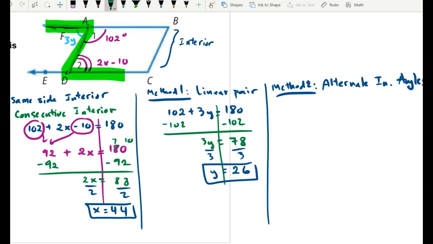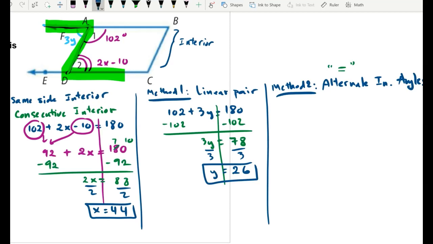When we hear the term alternate, it goes with equal. Alternate exterior angles are equal to each other, and alternate interior angles are equal to each other. If you hear alternate, they will be equal to each other.